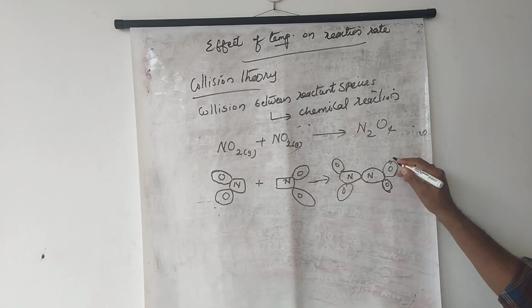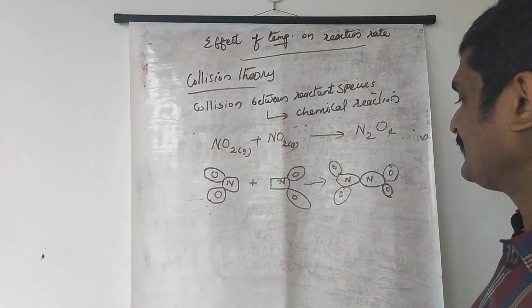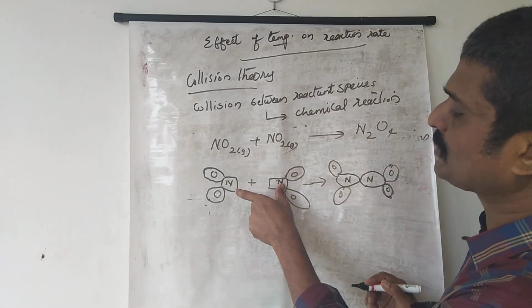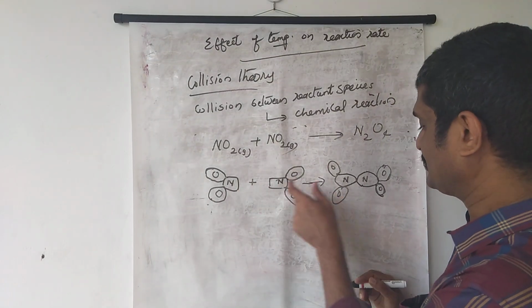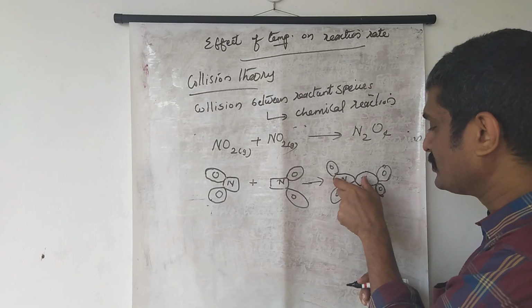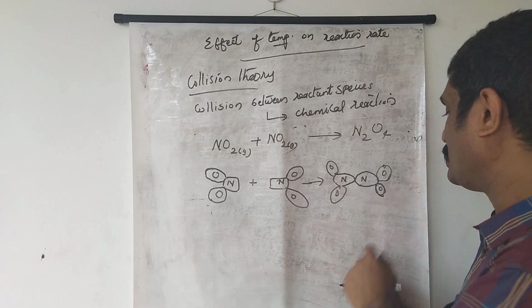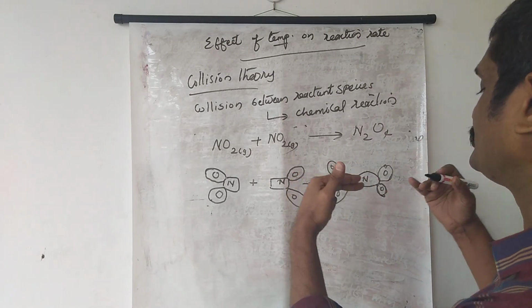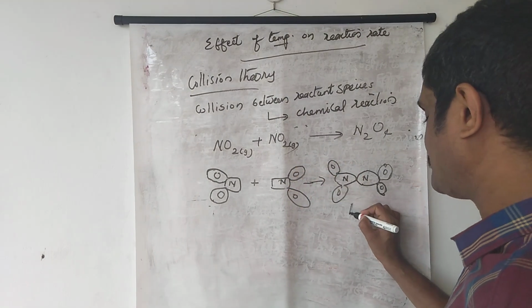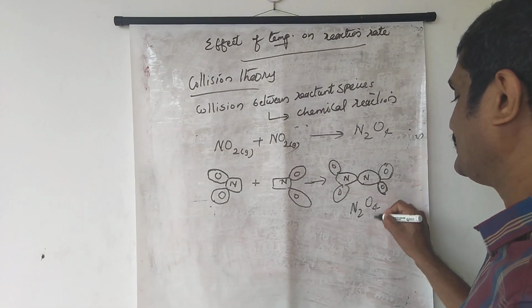Here the two molecules approach each other, and this is proper orientation because a bond is formed between the two nitrogen atoms, and you will get the product N2O4.